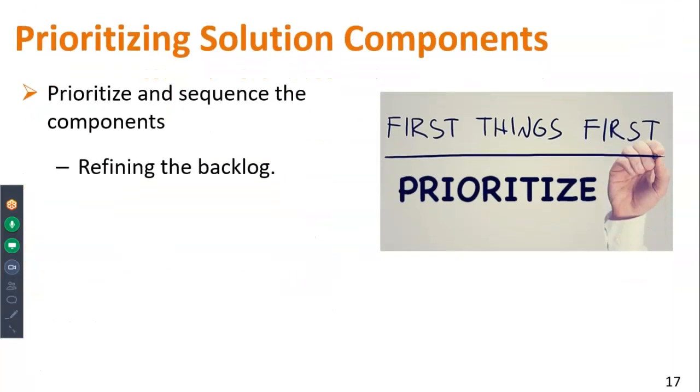Prioritizing solution components. Prioritization overall. Certainly in the Agile paradigm, the Agile mindset, prioritization is a very key player. We're always looking to maximize the value that we're producing. The way that we maximize the value is by looking at the components that we're producing and determining which of those components are the most valuable at this particular time. That is always under the guise of, there can be constraints, there can be dependencies.